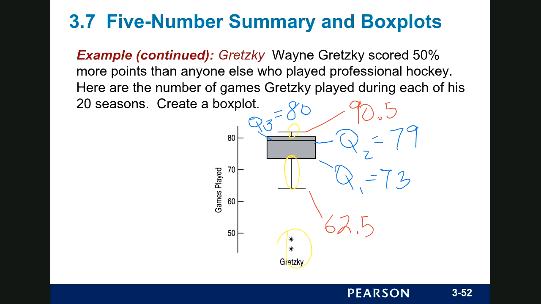If I see any observations beyond these two fences, either higher than 90.5 or lower than 62.5, those observations are considered outliers. Going up my chat box, you can see the observations 45 and 48 are less than the lowest fence of 62.5. So for that reason, these values are considered your outliers. Yes, those are low outliers.